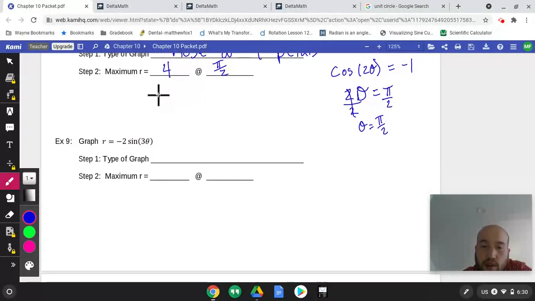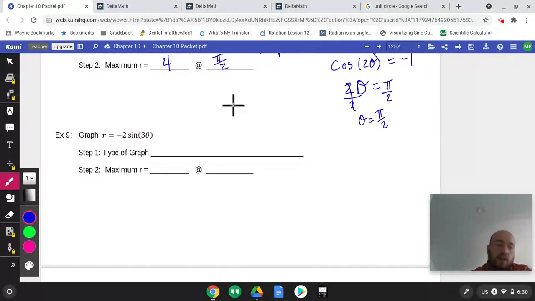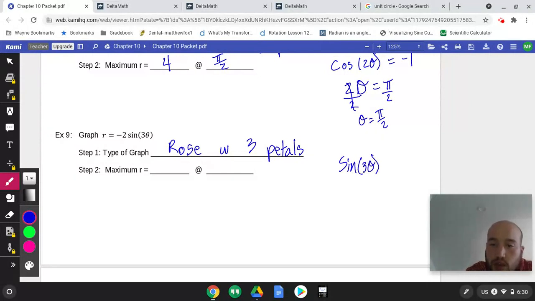All right, the final one. This one has a 3, so we know it will be a rose with 3 petals. Once again, we set the sine part. So sine of 3 theta equal, now we're going to want it to be -1 because we need them to cancel. So we get our max. Our max will be 2, we know.